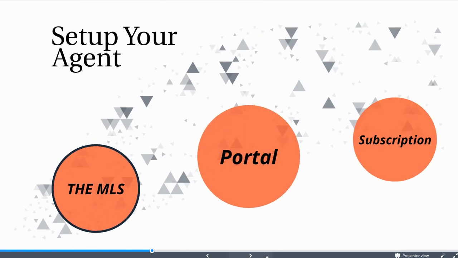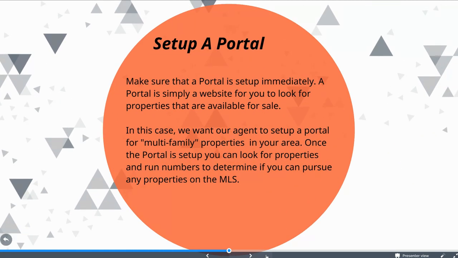Now, something called a portal. Your agent's going to set you up with a portal. Once your agent sets it up, basically you're saying, "Hey, Mr. and Mrs. Agent, I just want to look for multifamily properties in Tucson, or in Phoenix, or distinctly multifamily properties in Vegas, or Tulsa, Oklahoma, or Jacksonville, Florida."